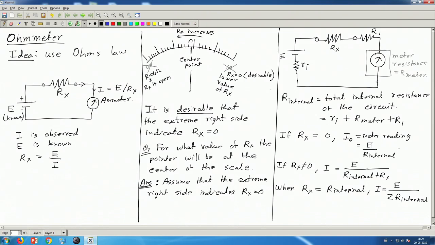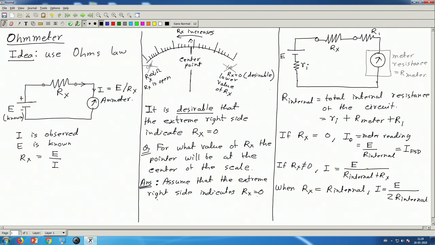This is also the same as IFSD of the meter, the full scale current of this meter. Why? Because we have assumed that Rx equal to 0 corresponds to the extreme right position of the pointer.